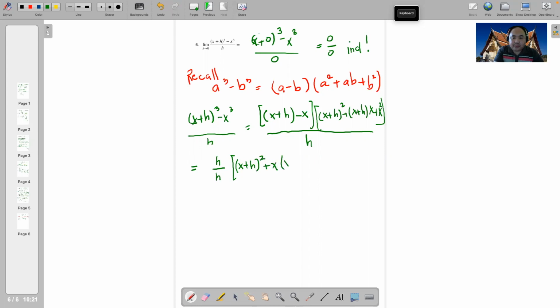Okay, I just transferred x plus h squared plus x plus h times x plus x squared. So this means that this original function can be replaced by this function. And why are we happy? Because again, we can take this out. Yay!